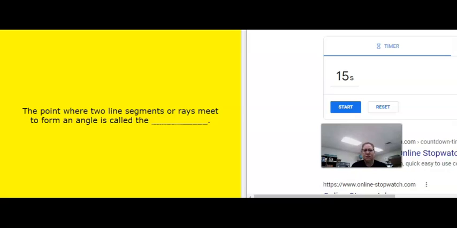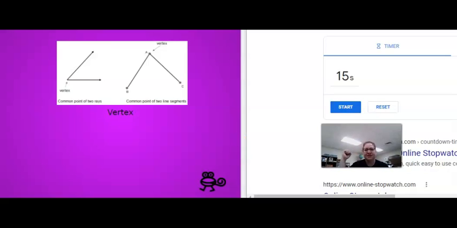The point where two line segments or rays meet to form an angle is called the vertex.